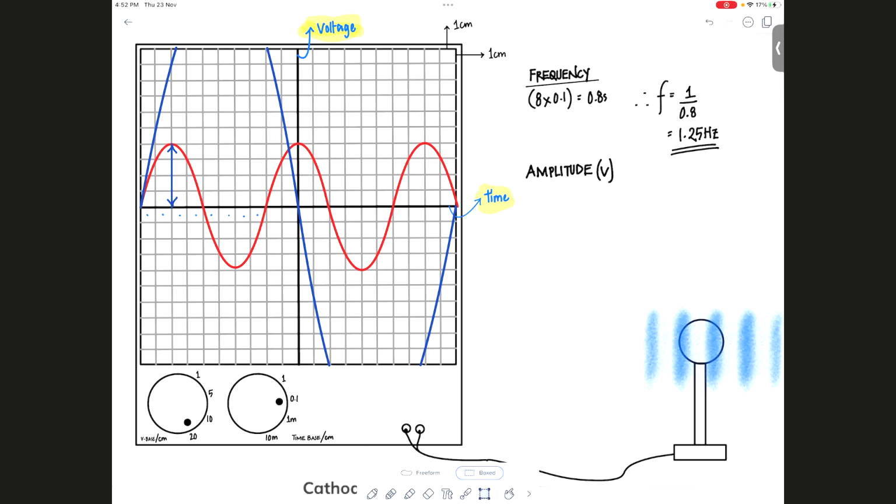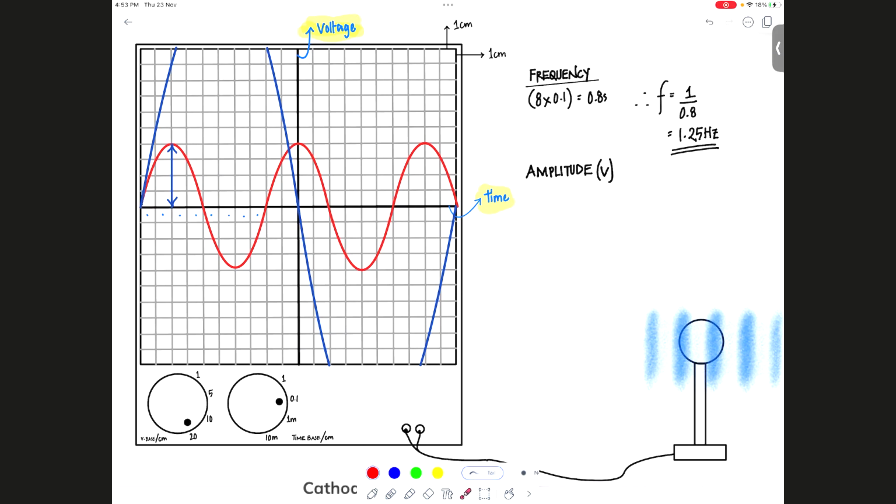Wait, what did you get for the blue wave? 5. No, I think we need to look at the blue wave. Blue should not give 5. The whole thing is the blue wave, right? So 8, 9, 10, 20. So 20 into 0.1, that is 2. Half will come. Right?